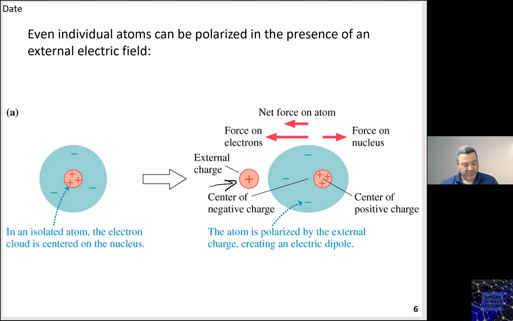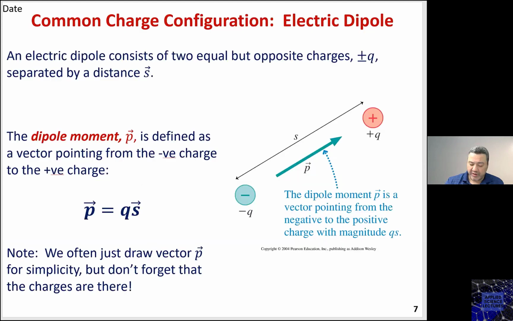And we have seen this before, and we have dealt with electric forces before. Now, when those atoms get polarized, they create what are called dipoles. So the dipole in general is two charges that are equal in magnitude, opposite in sign, and have a very small distance in between.